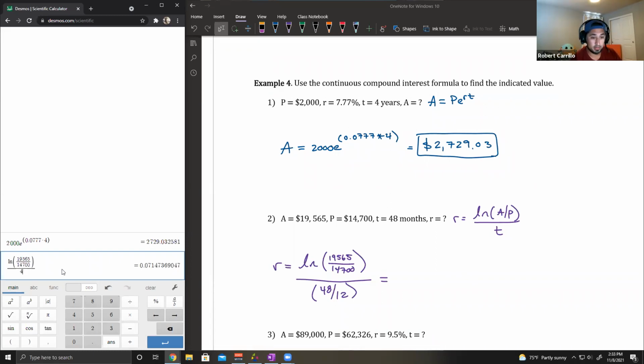And we get 0.071, which is 7.1%. Okay. Again, if you have any calculator issues, let me know.